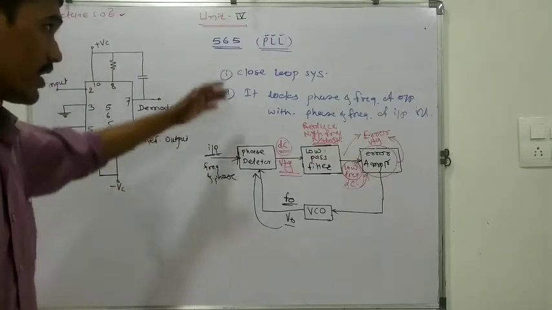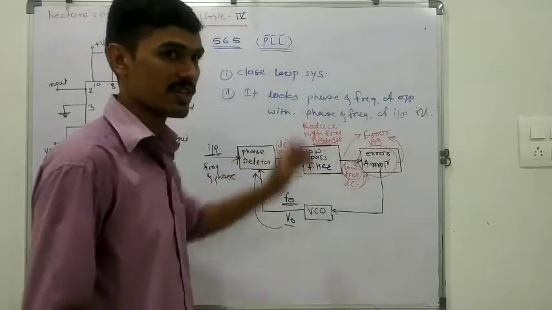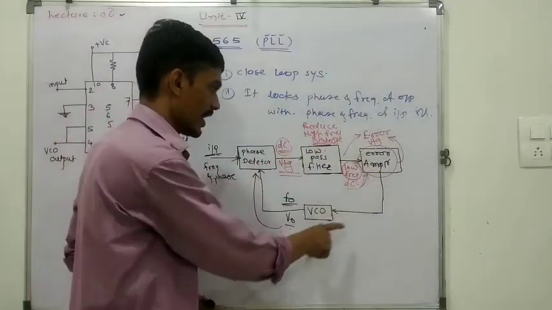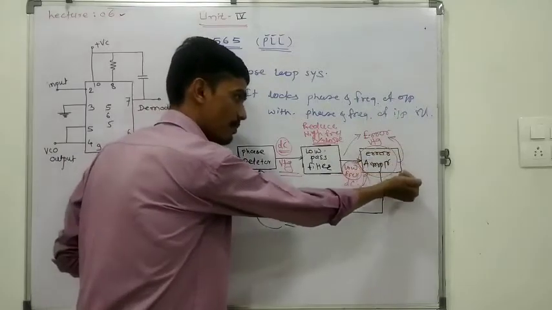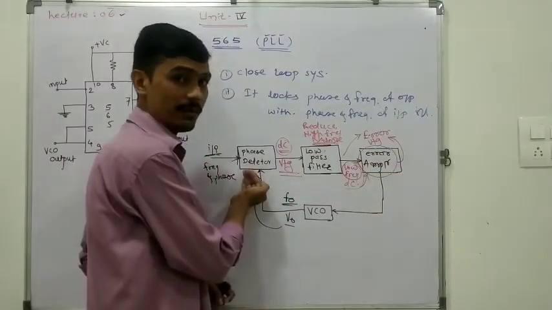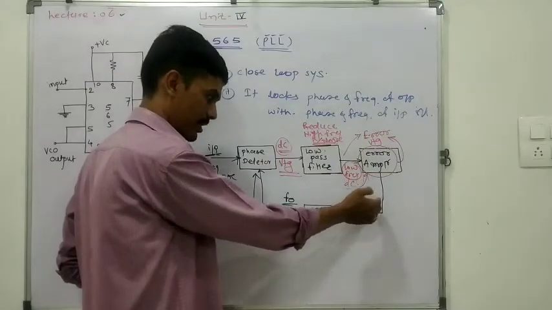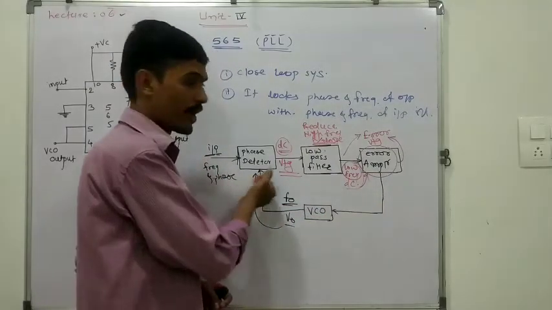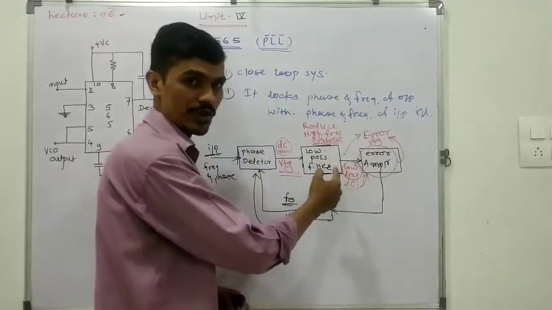We already discussed the definition of the PLL. It is a closed loop system. From this circuit diagram, or block diagram, we can directly say that we are taking some part of the output, providing some output of the system back to the input. So we are taking a feedback, and this acts as a closed loop system.